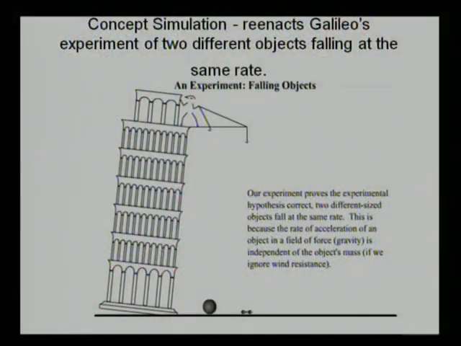Fine. So this experiment proves the hypothesis correct, that two different size objects fall at the same rate. This is because the rate of acceleration of an object in a field of force, that is gravity, is independent of the object's mass, if we ignore wind resistance.